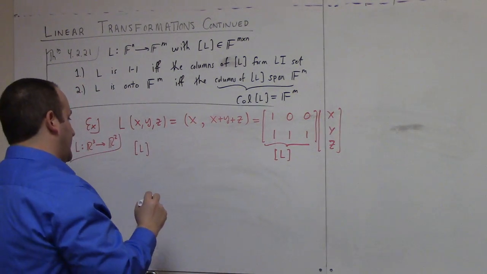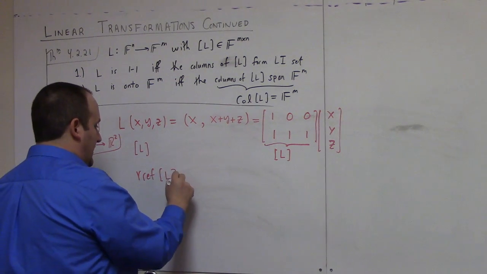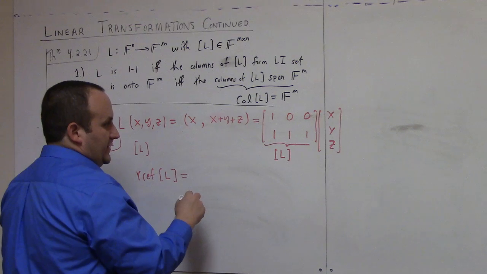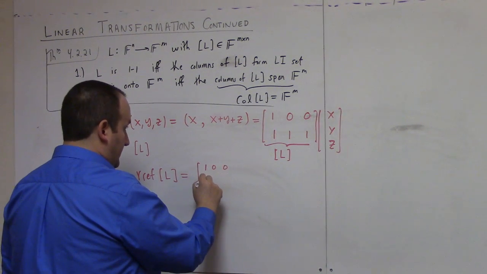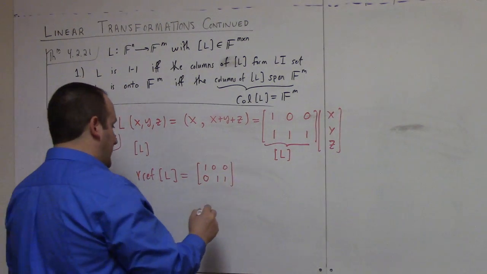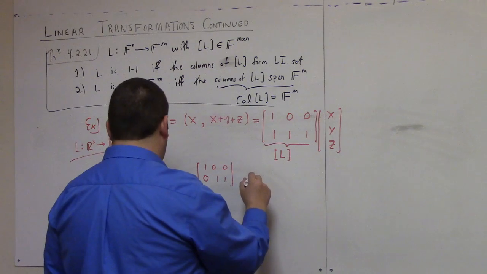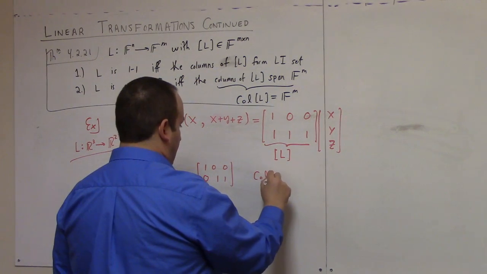Now I made it simple on purpose. You can see that the reduced row echelon form, and I probably don't even really need to calculate that, but if you do, it's pretty clear what you get: 1, 0, 0, 0, 1, 1. Okay, so I can see that the column space of the standard matrix is what?